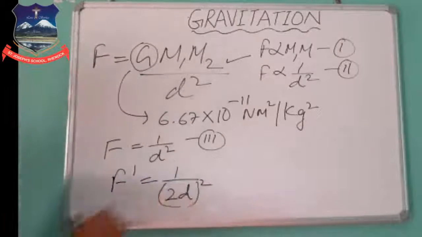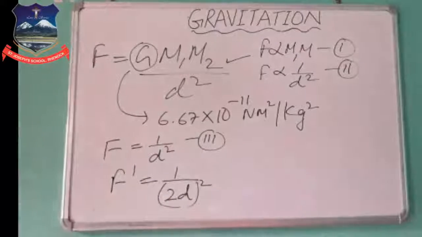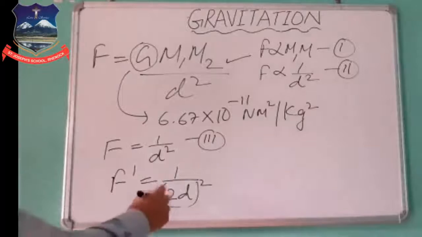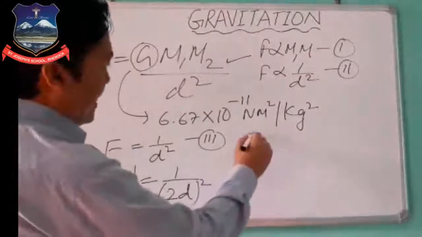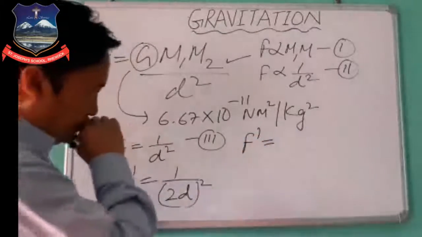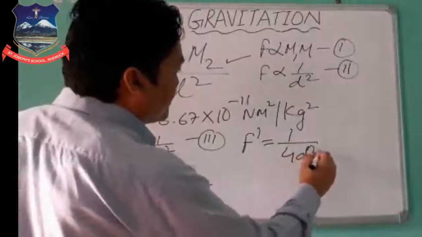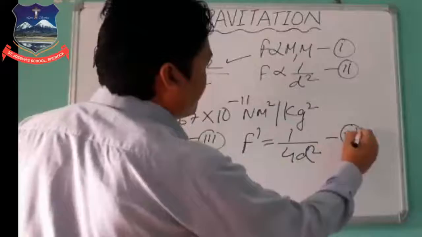That means the distance I have doubled here. So F dash equals 1 upon 2 square, that is 4d whole square. Make this equation 4.